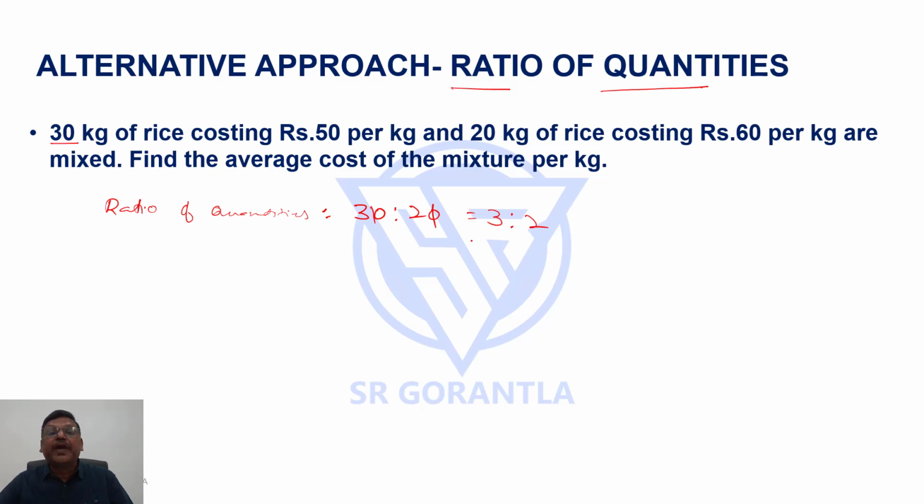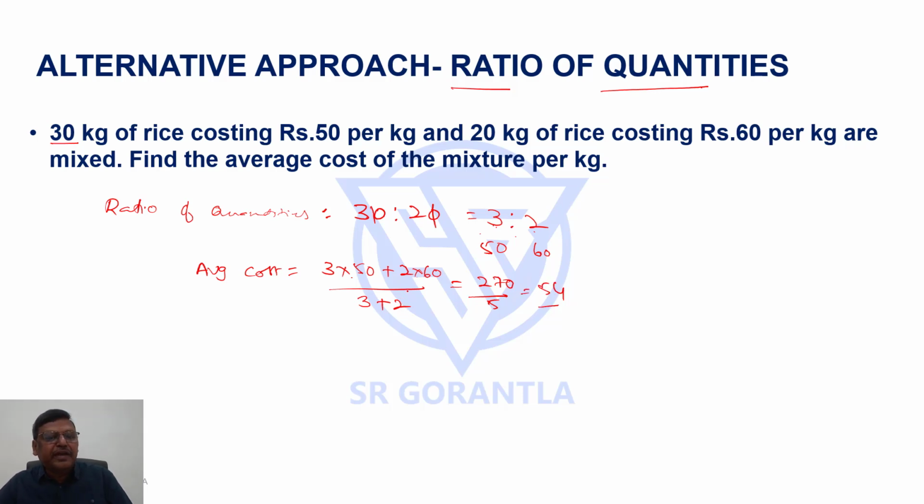And what are the respective prices? 50 and 60. Now, instead of multiplying 30 and 20, we'll multiply with 3 and 2. So the average price equals 3 into 50 plus 2 into 60 by 3 plus 2. You can see here 150 plus 120, 270 by 5, we get the same 54.